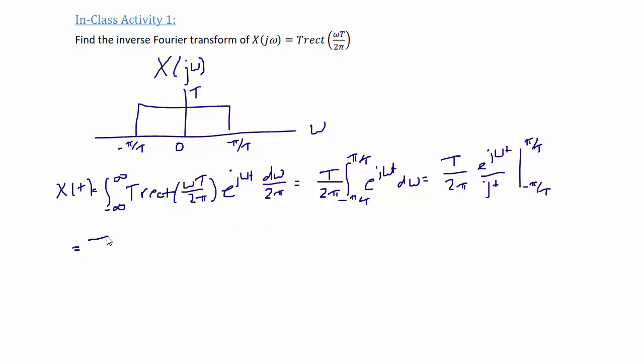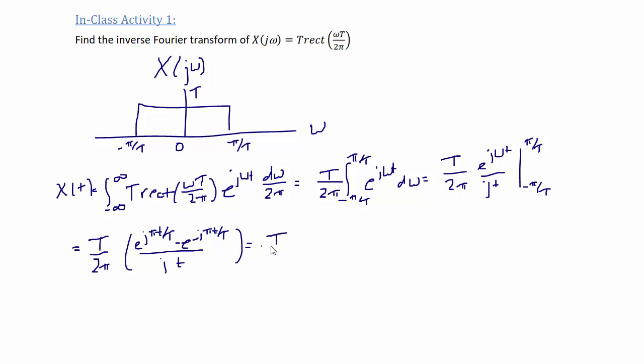So this equals T over 2 pi times the quantity e to the j pi lowercase t over capital T minus e to the negative j pi lowercase t over capital T, divided by j times lowercase t, which is a sine function times T over pi t.